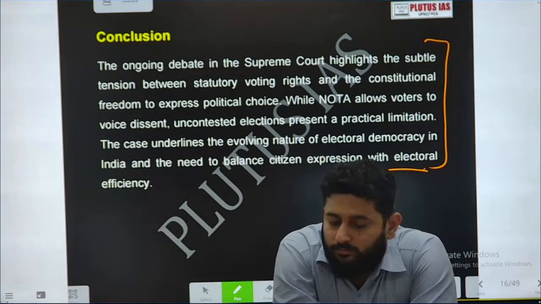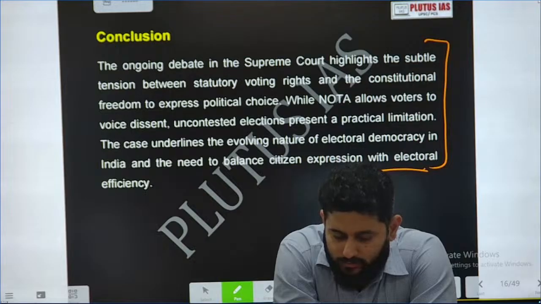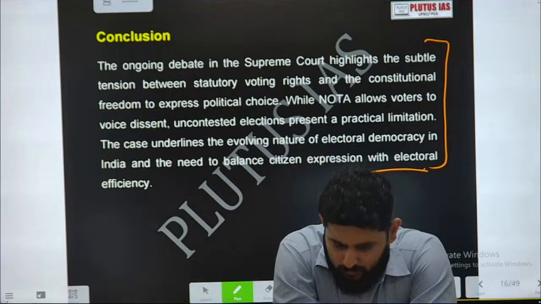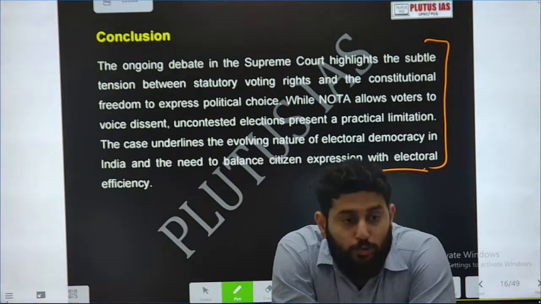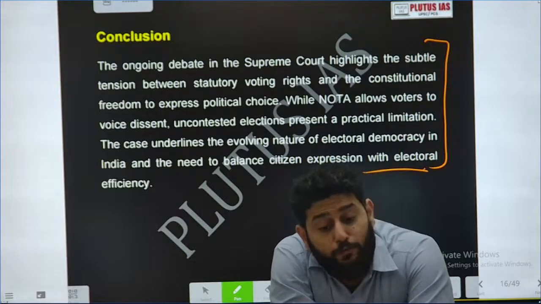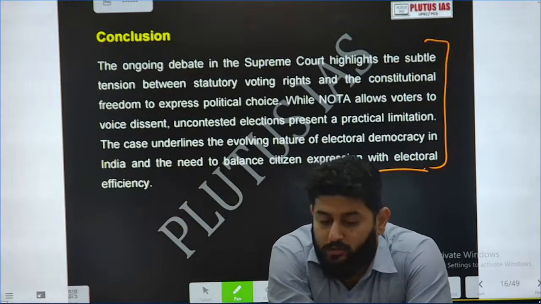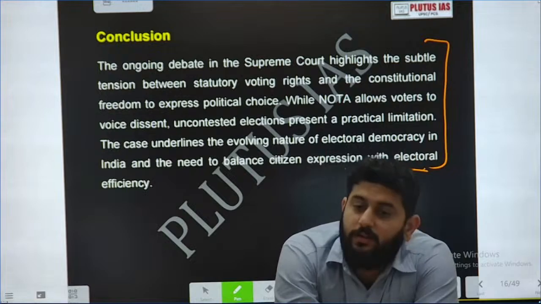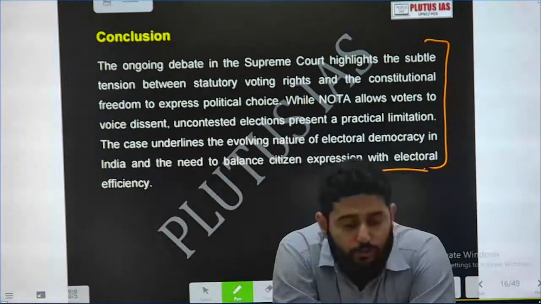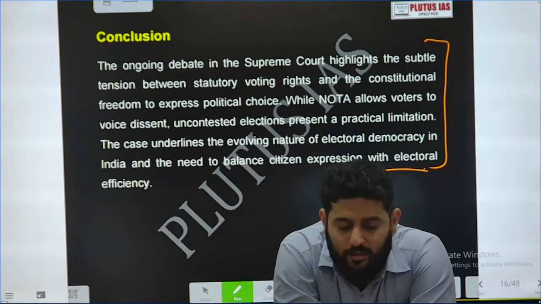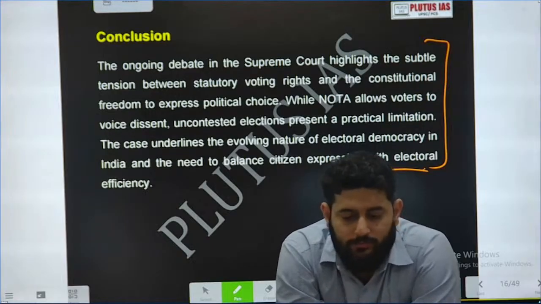Another one was the Venkatachaliah Commission 2002, which suggests a review of electoral law to strengthen democracy. So all these are directly connected to your prelims, your mains, GS2, GS3, essay, current affairs, regulations. All these things will connect from here.